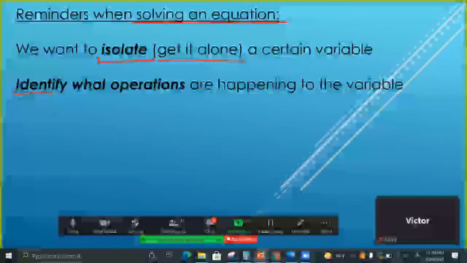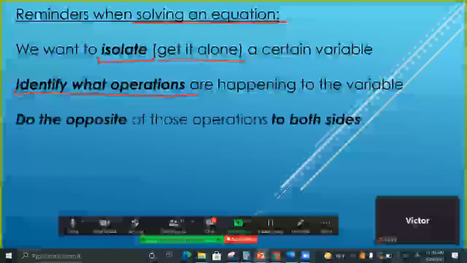Identify what operations are happening to the variable, like adding or subtracting or multiplying or dividing. And then we do the opposite to both sides of the equal sign. These are my steps on how to solve an equation, just some hints.